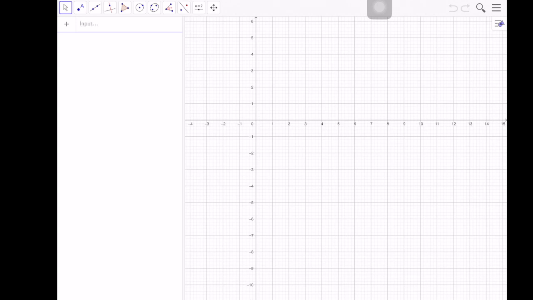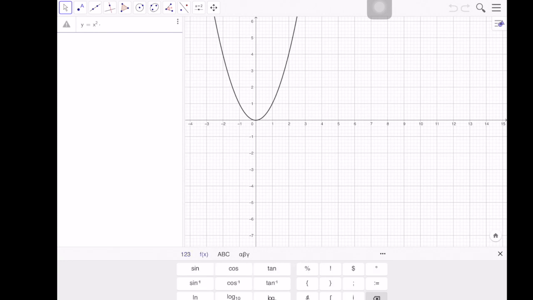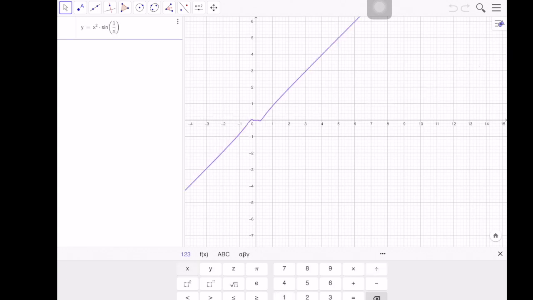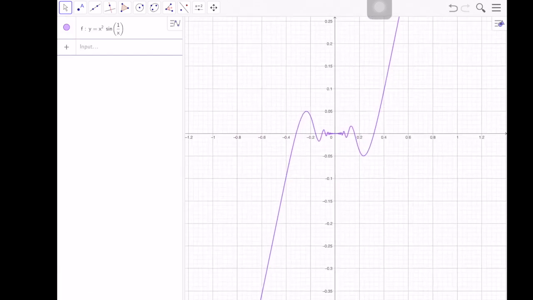I'm going to type in y equals x squared. We have to use x's instead of t's here. Times, and let's go to f of x here to find our function. So there's sine, and then back to numbers of 1 divided by x. So this was our middle function. And let's zoom in to see what's happening close up here.